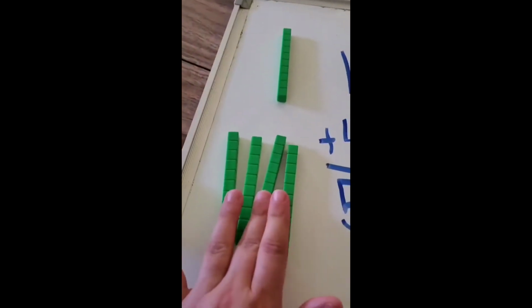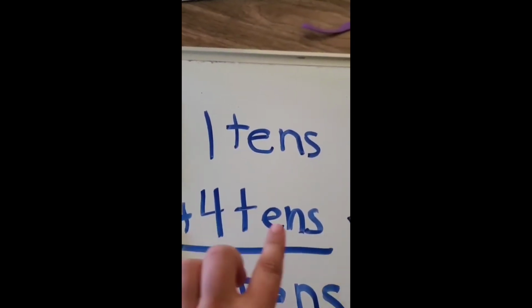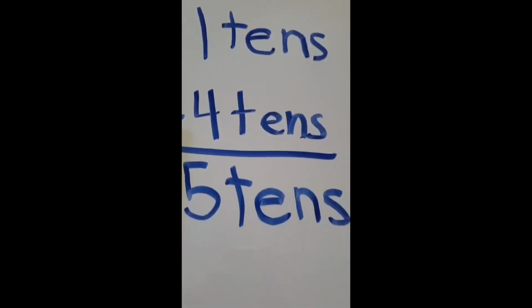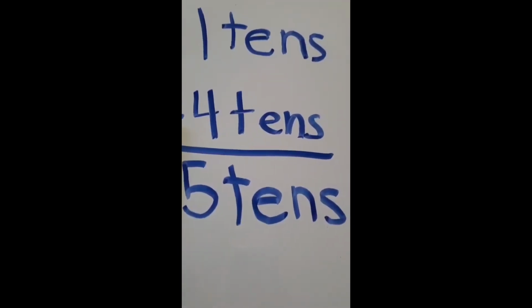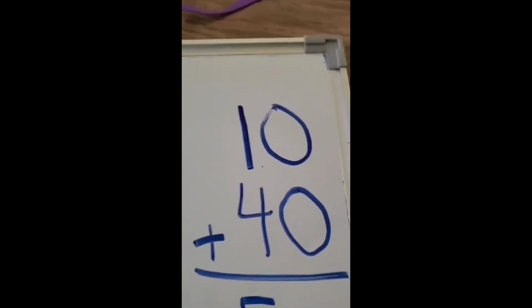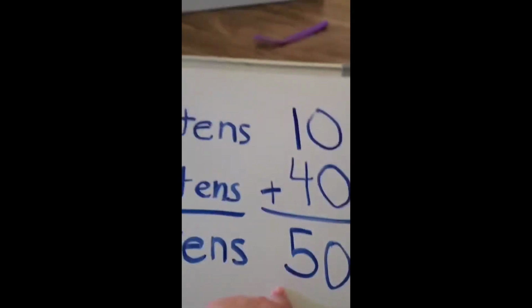And then we have 4 rods that's equal to 4 tens, right? And that's 5 tens. So now, this is the one that you should have written down. 10 plus 40 equals 50. Did you guys get that answer right?